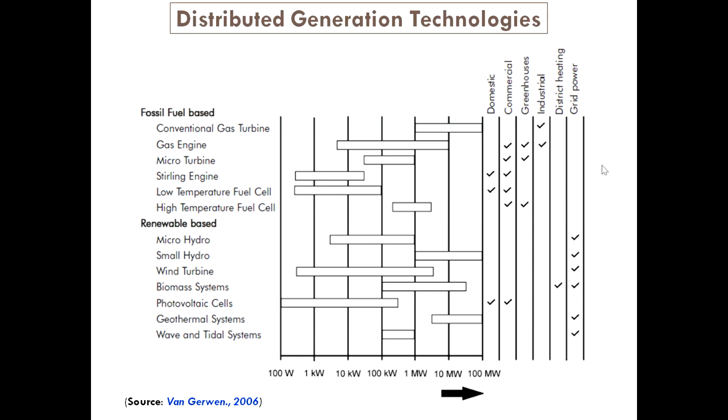It is not very common to find tens of megawatts of generation that is meant to supply domestic needs. And also when we look at the primary energy sources, we find technologies such as a conventional gas turbine. This is mostly for industrial, even grid applications in certain cases.